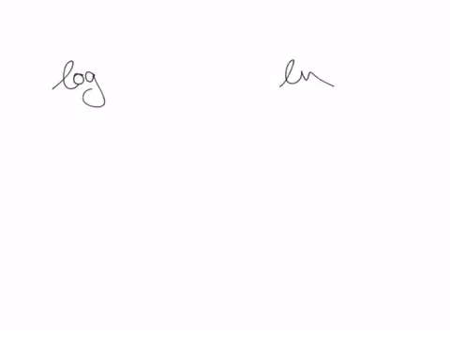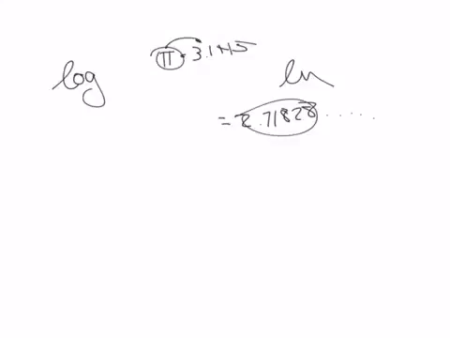That crazy number, 2.71828, etc., instead, like when we write pi for 3.1415, etc., we're going to use the letter E to represent that, so we don't have to write that long number.